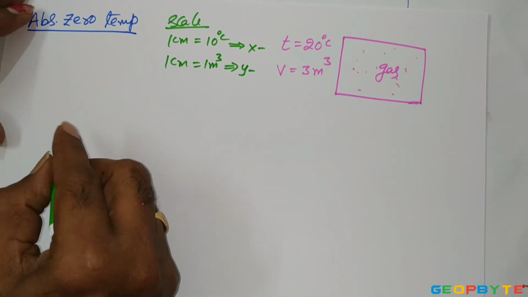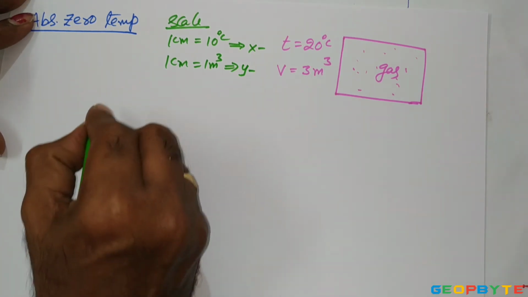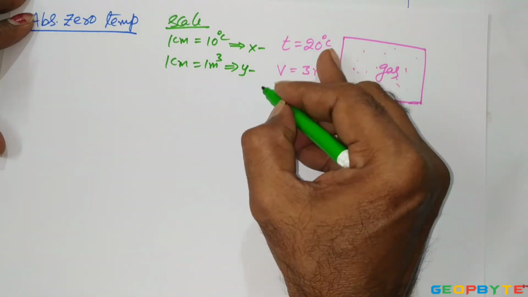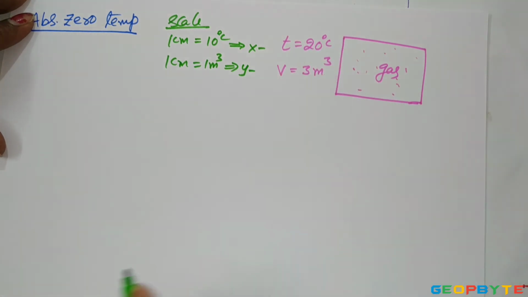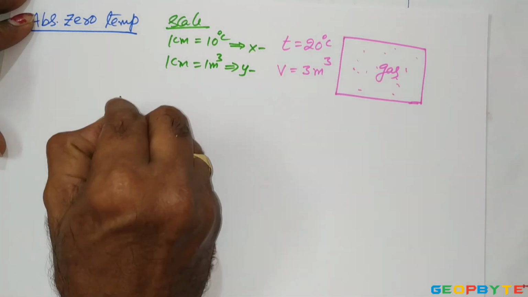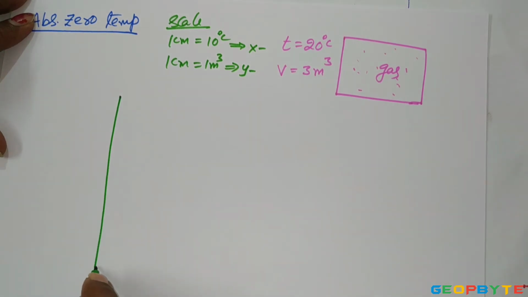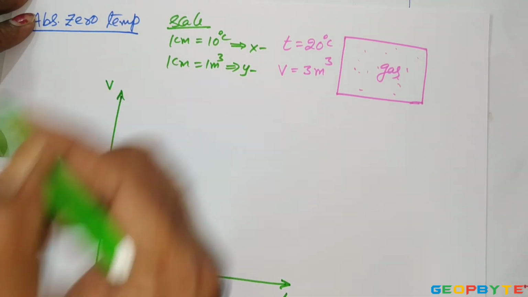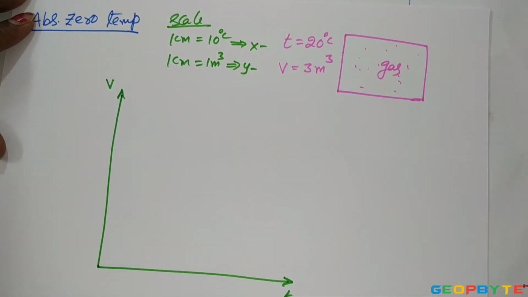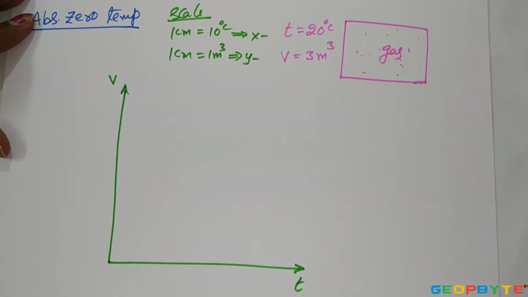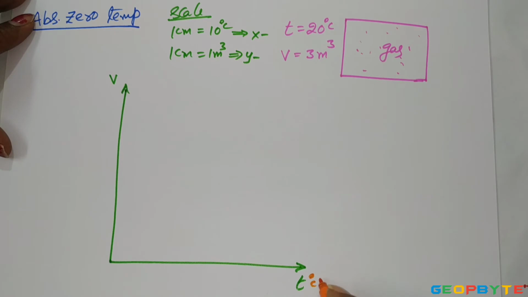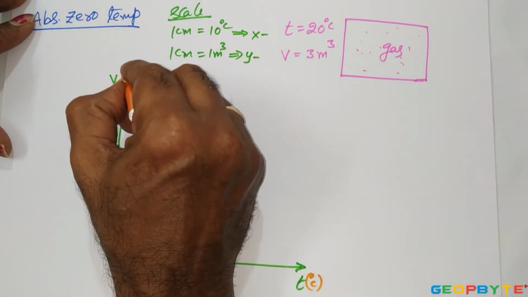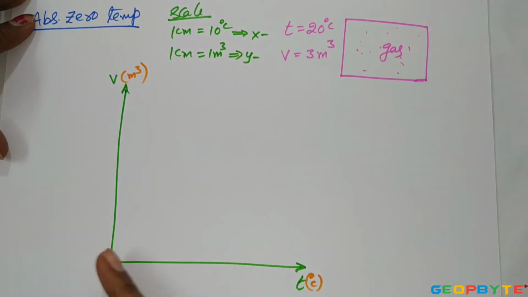With this information, let us mark the state of the gas, which is available at 20 degrees centigrade with a volume of 3 meter cube, with temperature in degree centigrade on the x coordinate and volume in meter cube on the y coordinate.